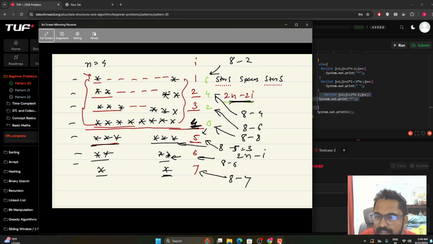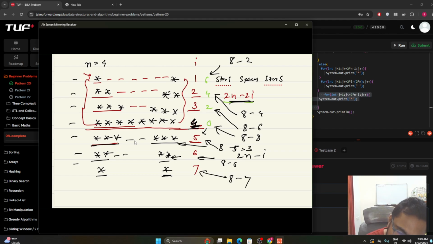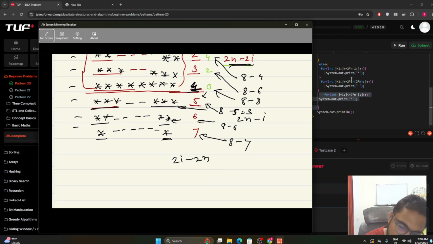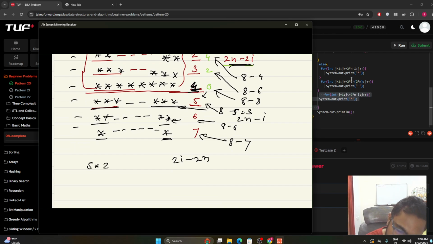After that, talking about the spaces. Spaces are in reverse order: 2, then 4, then 6. For spaces, we have derived one formula: 2i minus 2n. Here i is 5, so 5 into 2 is 10, minus 8, which is 2 spaces.